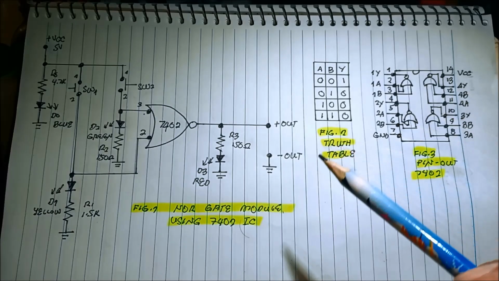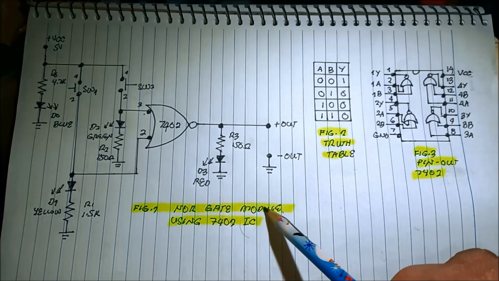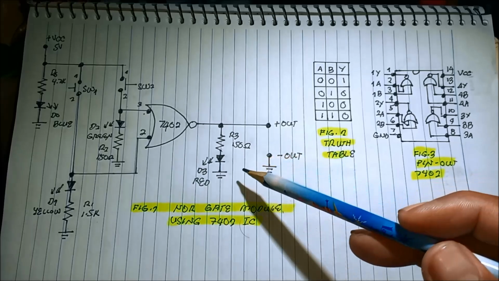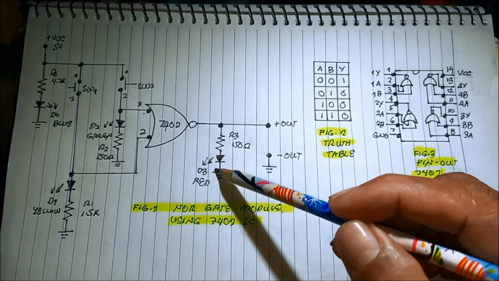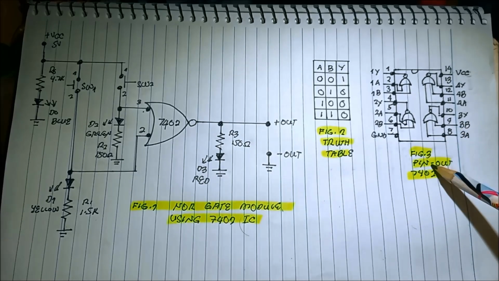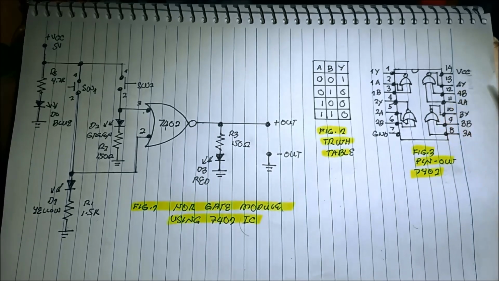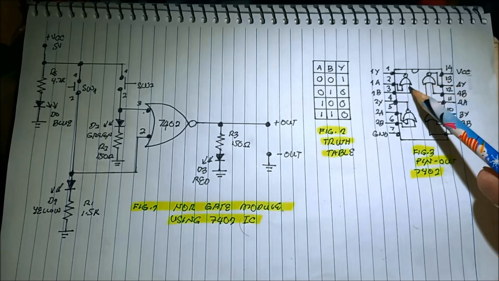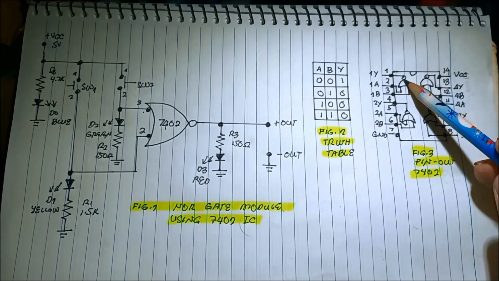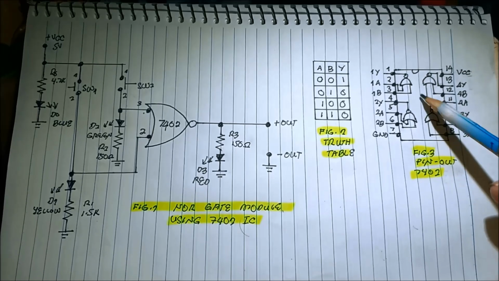We now have the NOR gate module using the 7402 IC, and we're using the IC 7402 pin out. This is the IC. The IC is composed of 4 NOR gates, but we're only using one NOR gate.